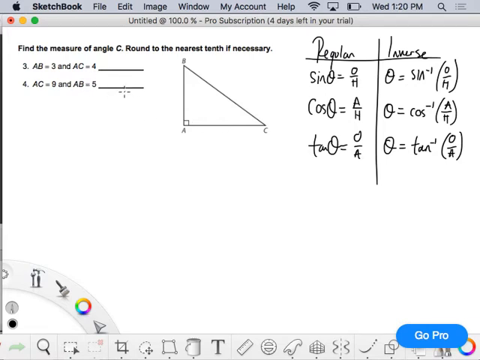It says find the measure of angle C. Round to the nearest tenth if necessary. So we're looking for angle C. The first case says AB is 3 and AC is 4. Well, in terms of angle C, what are these sides? 3 is what? Opposite, adjacent, or hypotenuse?